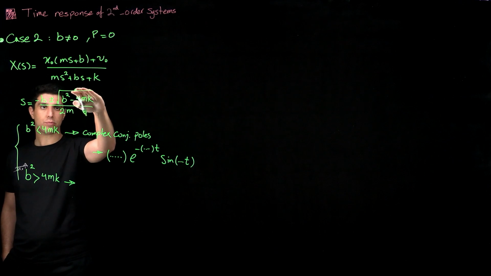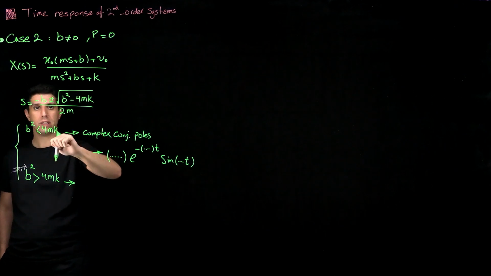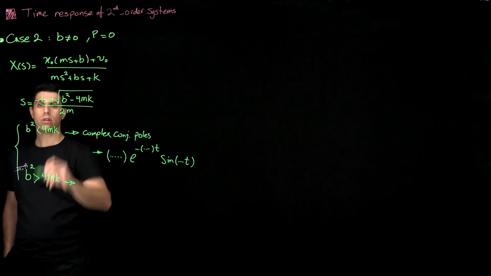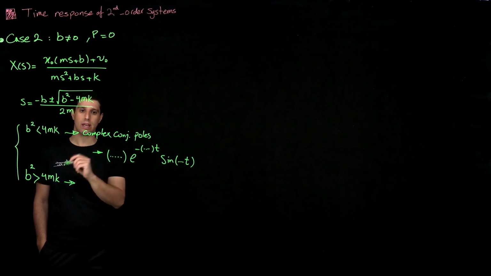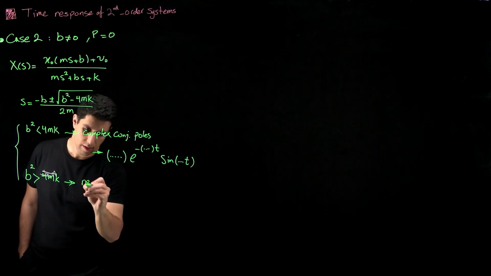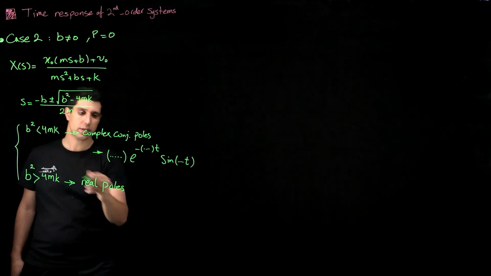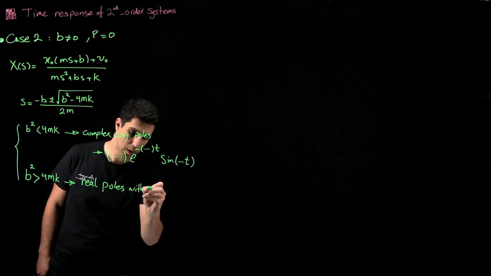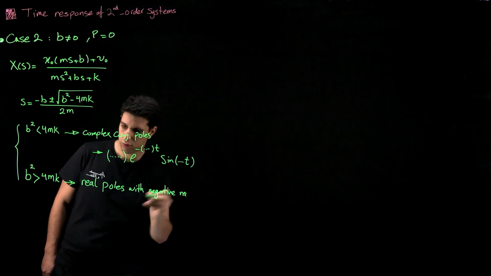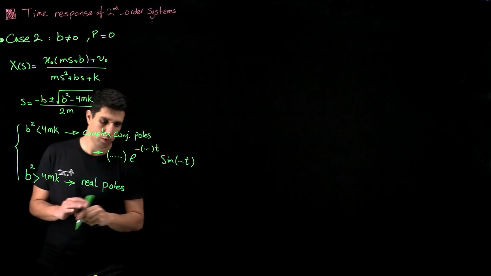And because now I'm subtracting something from b squared, this square root will be smaller than b, and adding something smaller to this minus b, both of the poles will be negative, which means I'll have real poles, and assuming that all the parameters are positive, poles that are negative, with negative real part.